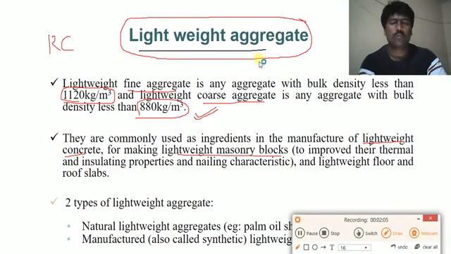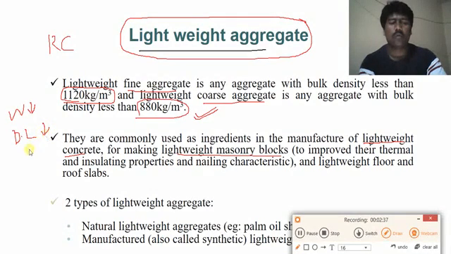So what will be the benefit if I use the lightweight aggregate? The first is that as I am using a lightweight aggregate, the weight of the concrete is reducing. Internally, the dead weight, that is the dead load of the structure, is decreasing.